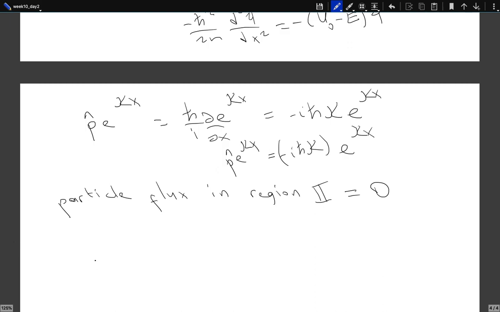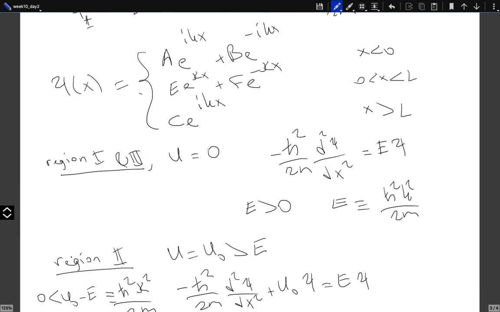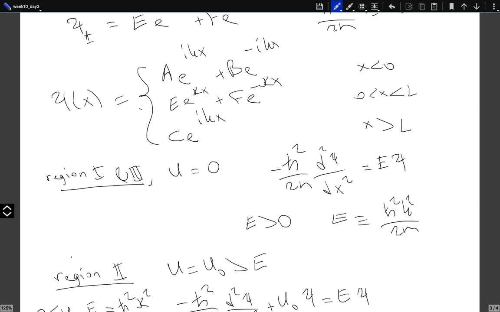Now, what will be the probability of tunneling? Yes. Real life dissipation yok mu? So, yani particle exist olmalı ki dissipation olsun. You see, in real life, how do you create this potential well? By using many other particles.